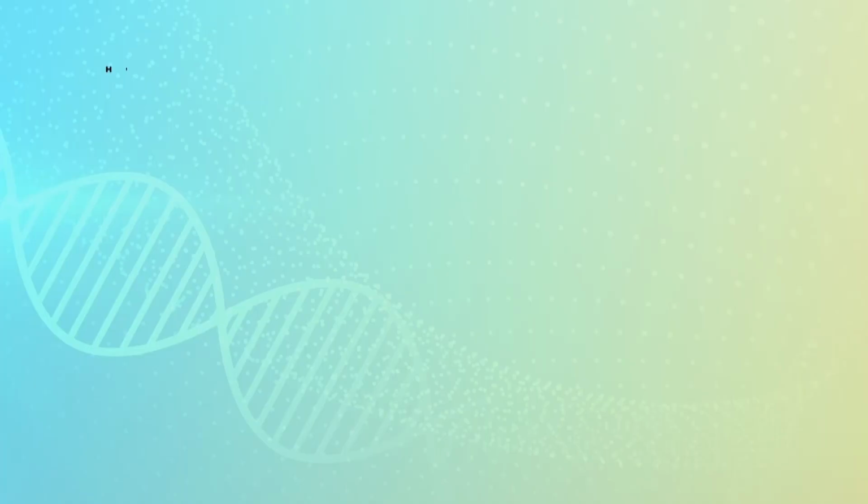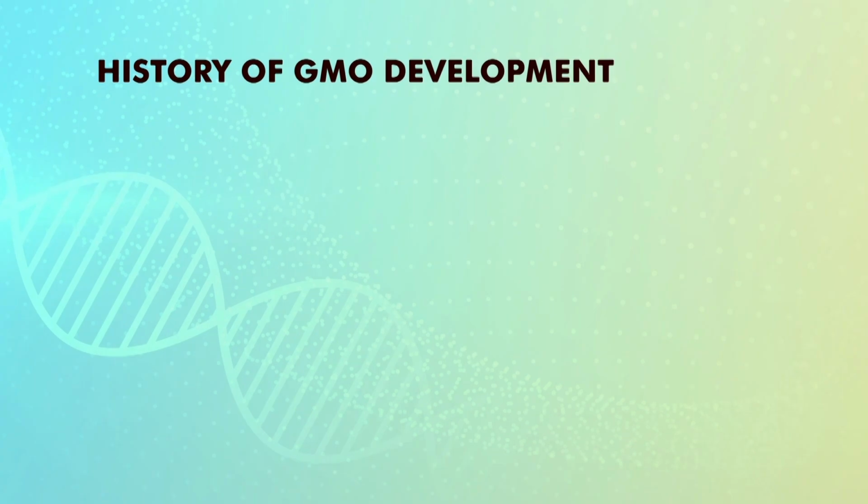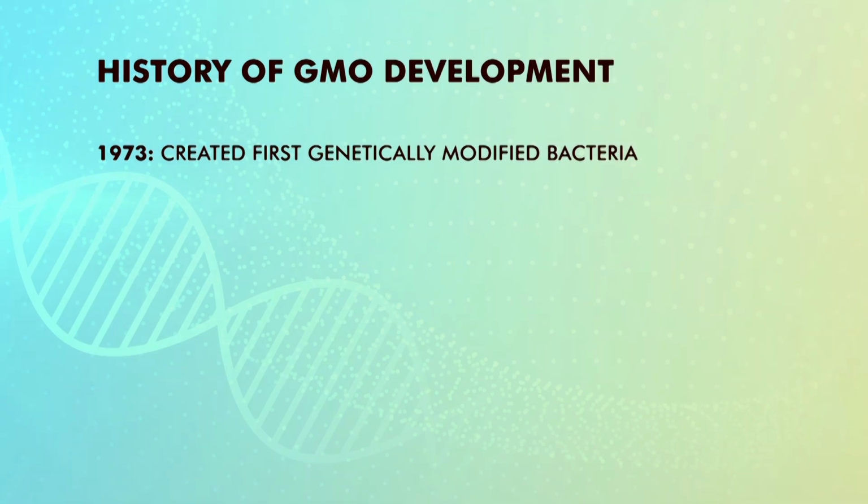Next I am going to discuss the history involved in the development of these genetically modified organisms. These are the landmark discoveries of the field. In 1973, the first genetically modified bacteria was created. In 1974, genetically modified mice were created.